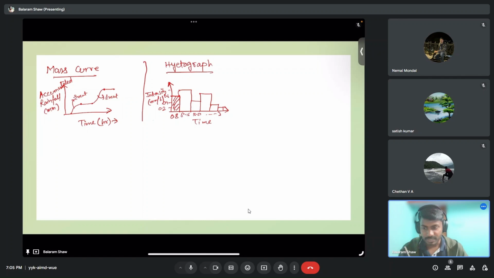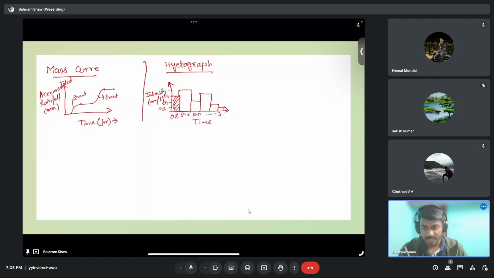So the data should be consistent. And how will we know whether the data we have is consistent or inconsistent, and what can we do about it? Inconsistency of data you can understand using the double mass curve.